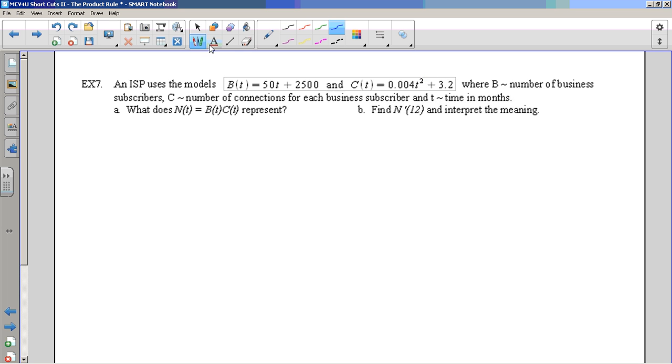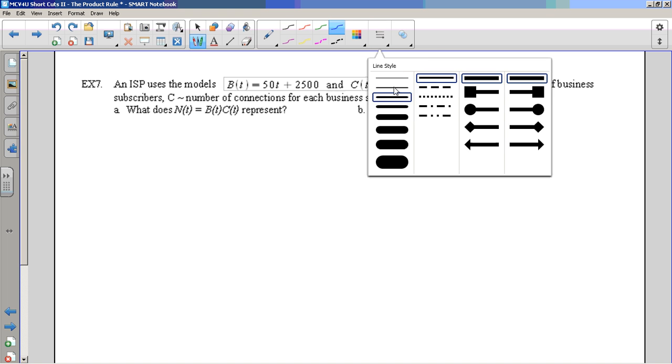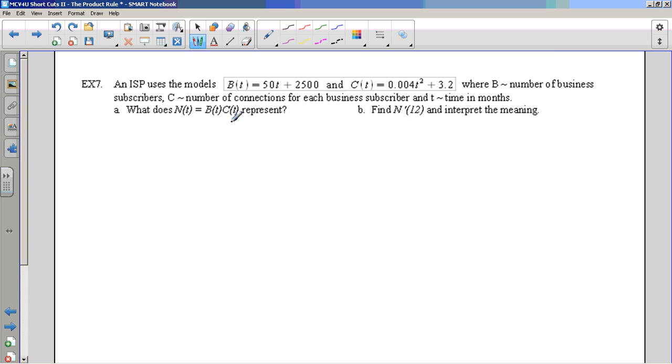T is the time in months. And so what is it saying? What does N represent?